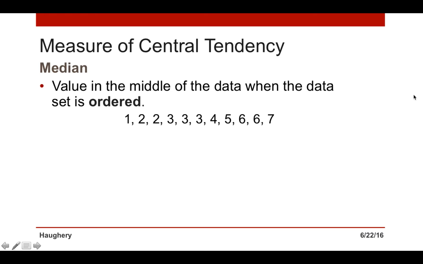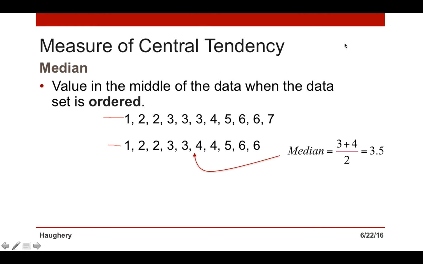Median is a little bit different. It's the middle value of a set of data when it's set in order. So it's important that to find the median, we have to order them. And there's two different situations: an even number of data points and an odd number of data points.